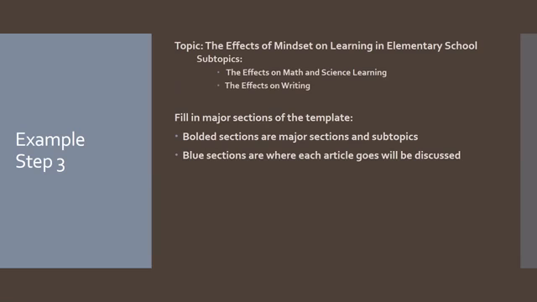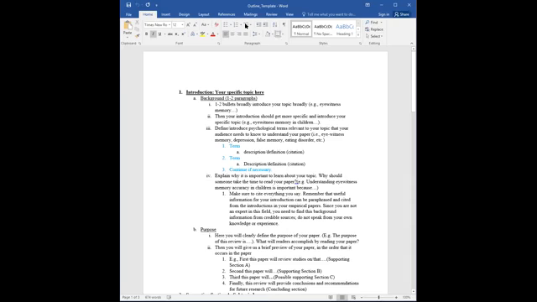I've bolded some sections of the template, and I've made other sections in the template blue. Give me one second. I'm going to move over to the template now so that we can see exactly what I'm talking about. Okay, you see these large level 1 headers here are bolded.